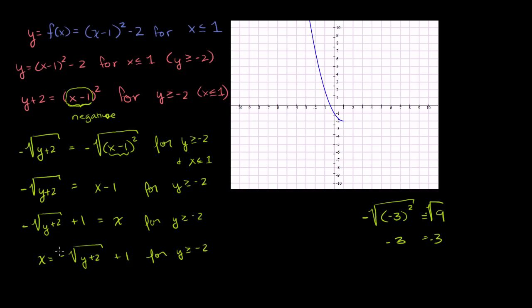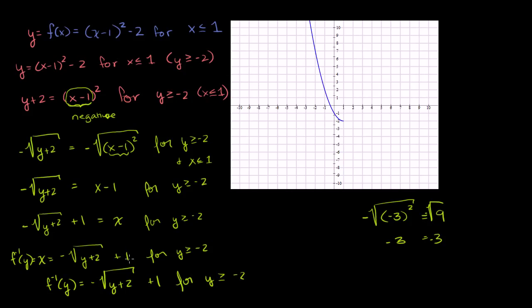Or if we want to write it as an inverse function of y, we could say f inverse of y is equal to the negative square root of y plus 2 plus 1, for y greater than or equal to negative 2.